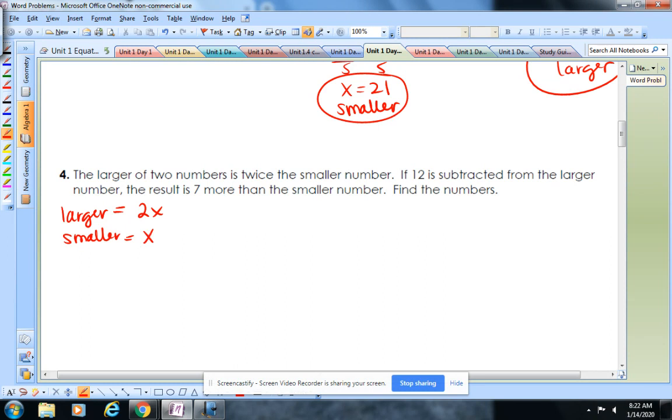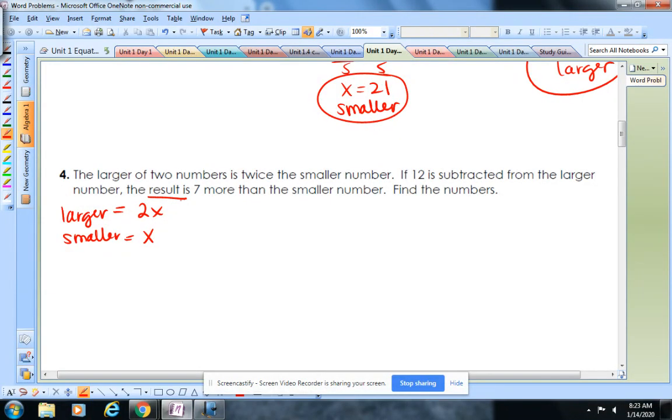All right. Now what happens next is a little bit different. If 12 is subtracted from the larger number, so that's the larger number, right? The result is 7 more than the smaller number. So the result is means equals, right?